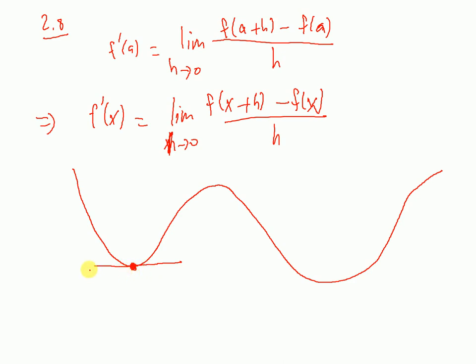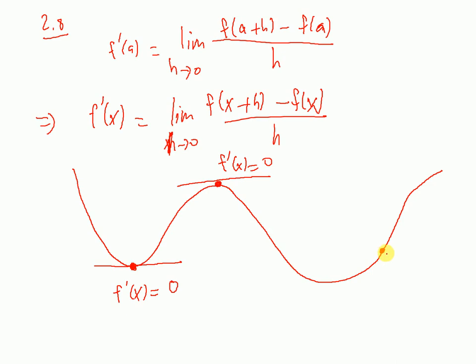Now, if this tangent line is horizontal, that means the slope is 0, or the derivative at this point is 0. The same thing is true here. If I draw the tangent line to this point, I have a constant, horizontal tangent line, so the derivative at this point is 0. What happens if I want to find the slope at this point?